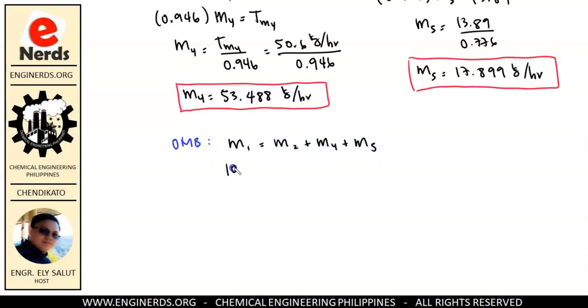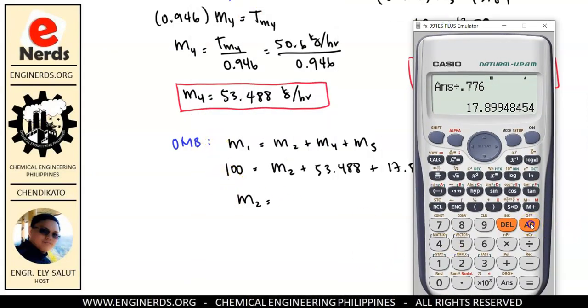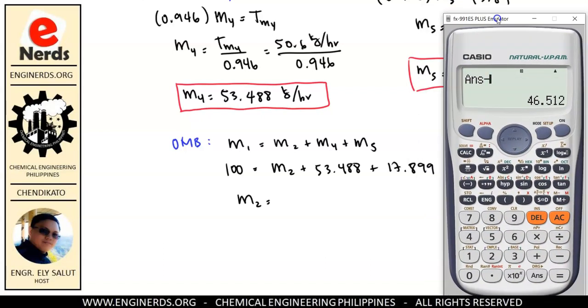Our M1 is equal to 100 is equal to M2 plus our M4, which is 53.488 plus our M5, which is 17.899. So therefore our M2 is equal to, okay, let us calculate this value. We have our M1, which is 100, minus our M4, which is 53.488. Then again, minus our M5, which is 17.899.